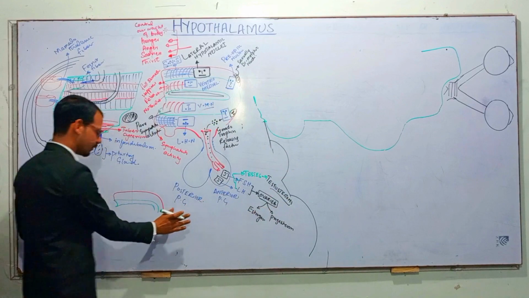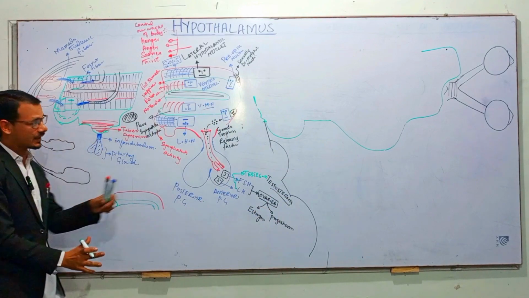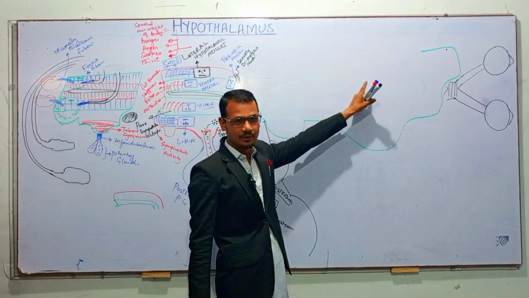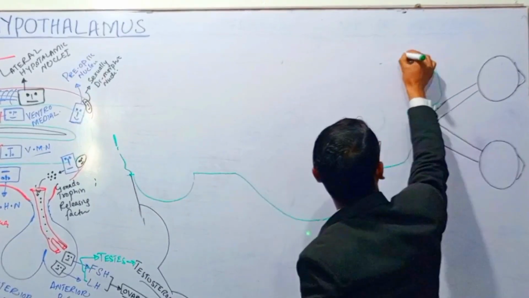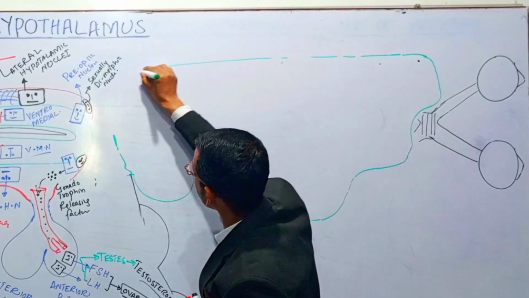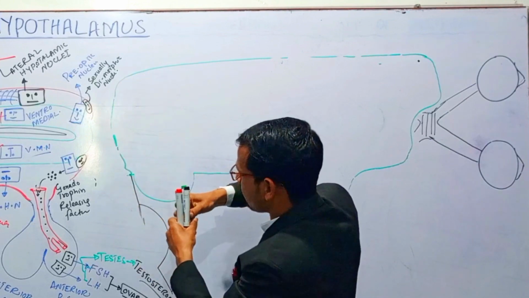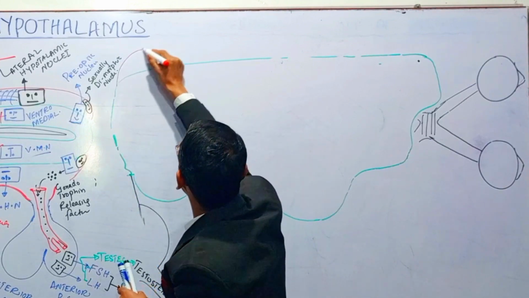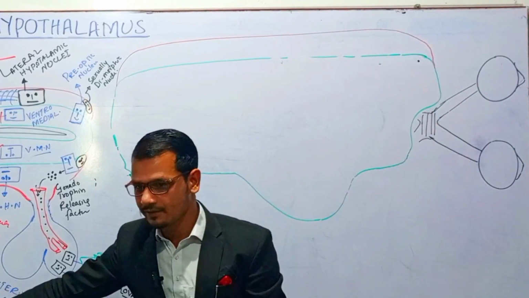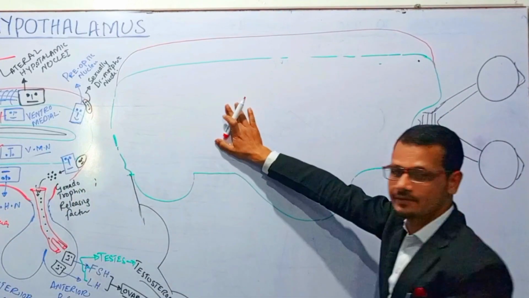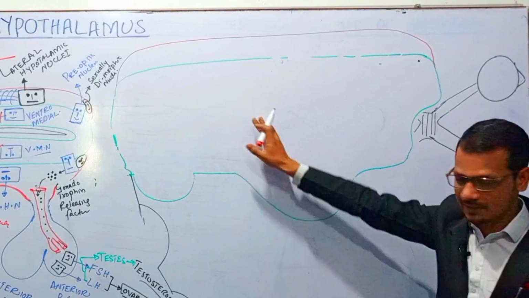This is the hypothalamus, and remember that we have removed these areas, and now we are looking at this hypothalamus. We will see the lateral hypothalamus just above this, and this green is the medial hypothalamus.